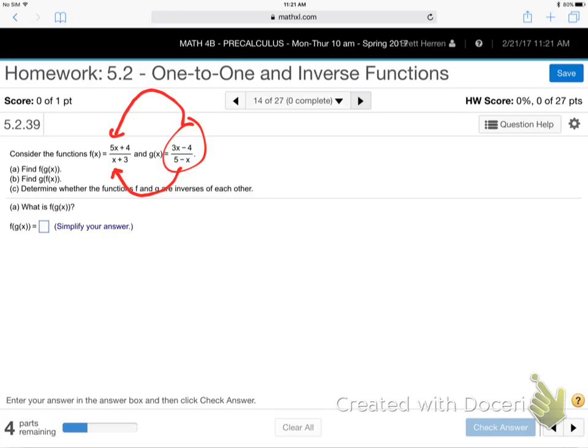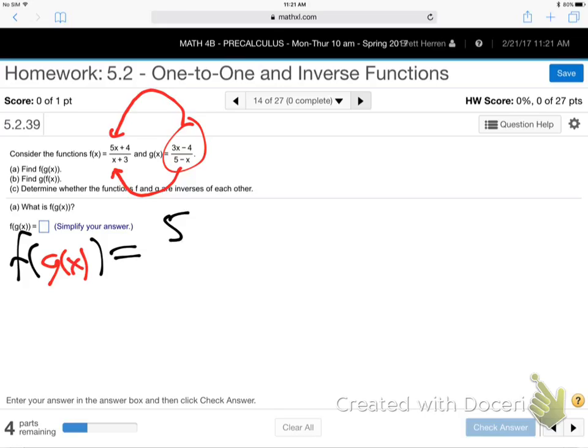We get f of g of x equals what? I'm going to put g into f there. So what's going to happen?